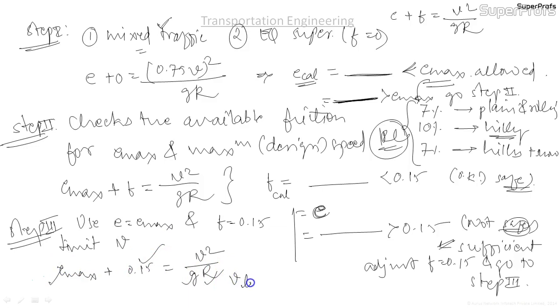So V limit equals what? You have to limit the velocity. This is the final step in the design of super elevation.